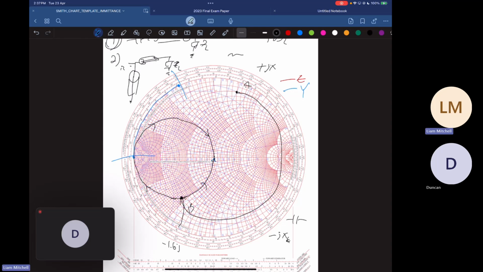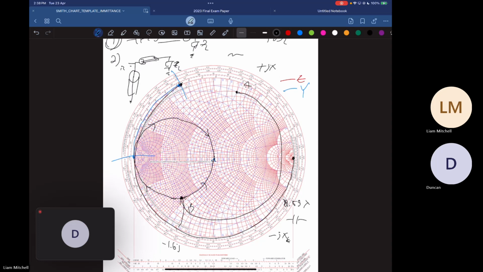Well, you start from an open and go the full way around until you reach the same 1.6j. And this is going to be a half lambda plus quarter lambda plus 0.09, so about 0.59 lambda. Okay?